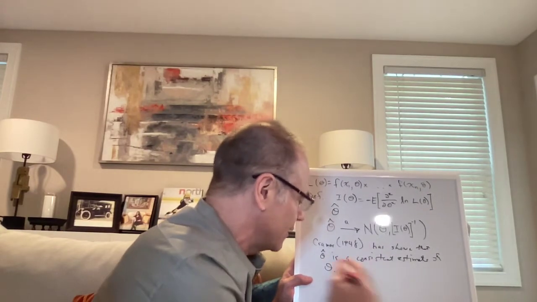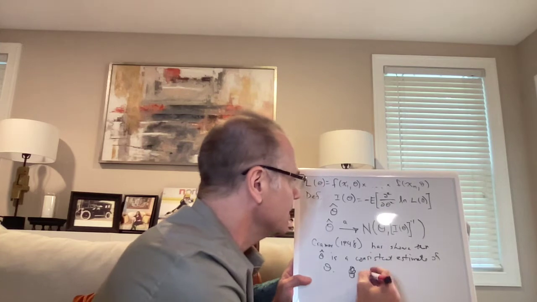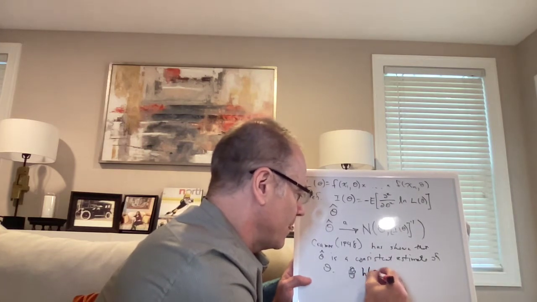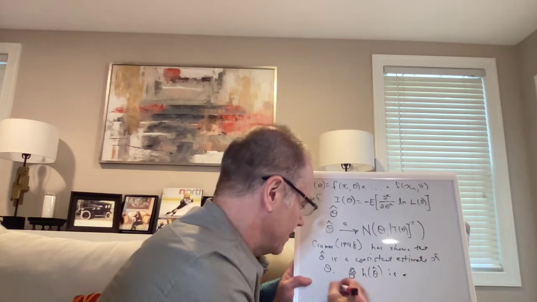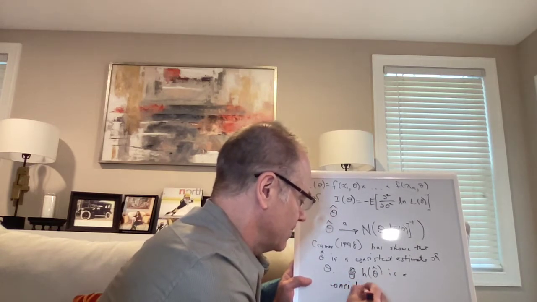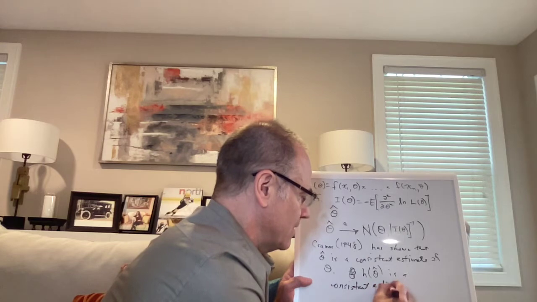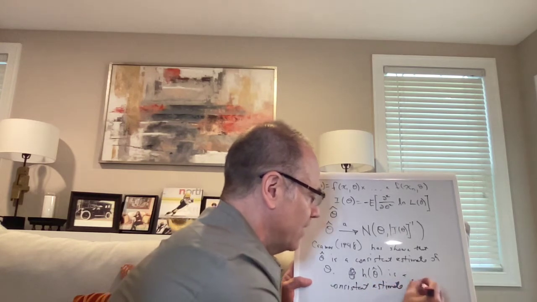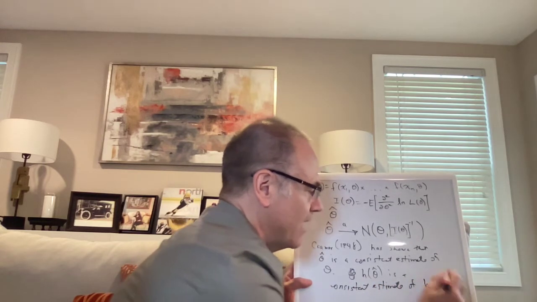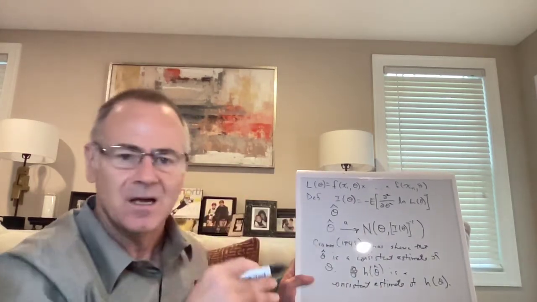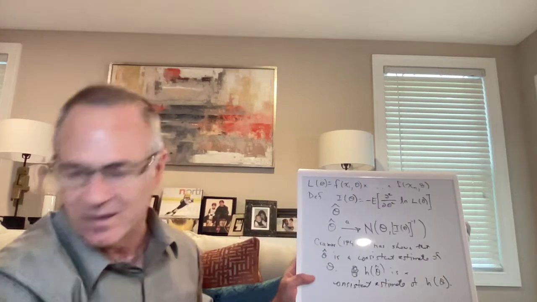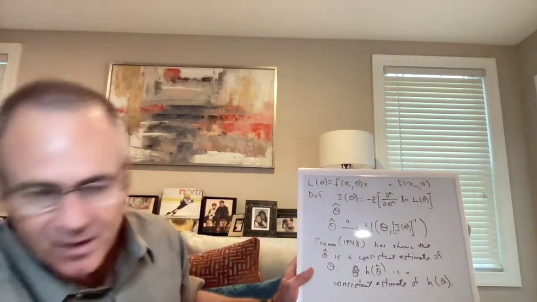for any function, I've already used f, let's call it a g, let's call it h. H of theta hat is a consistent estimate of h of theta, as long as that h has those nice properties: it's continuous, bounded, the slope is bounded, and so on.